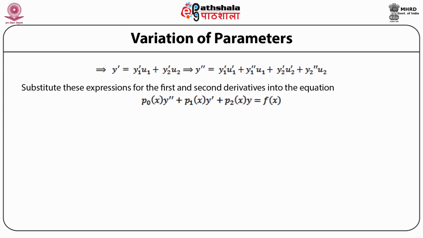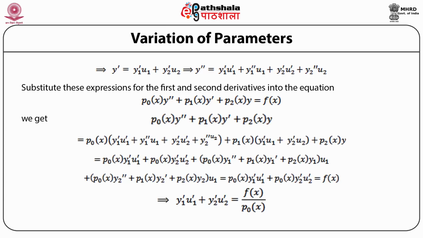Substituting these expressions for the first and second derivatives into the differential equation, we have p0 x y double prime plus p1 x y prime plus p2 x y equal to p0 x multiplied by, within the brackets, y1 prime u1 prime plus y1 double prime u1 plus y2 prime u2 prime plus y2 double prime u2, plus p1 x within the brackets y1 prime u1 plus y2 prime u2, plus p2 x y.